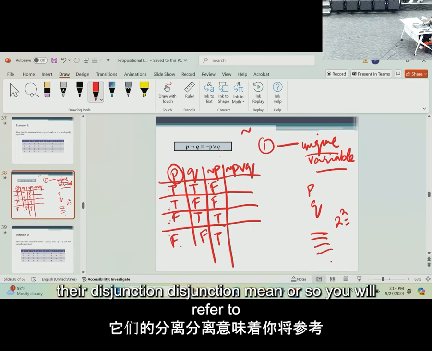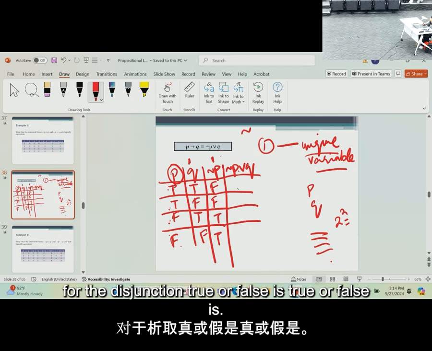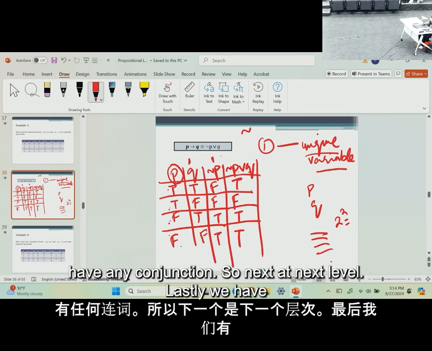Disjunction means OR. So you will refer to this column and this column to write down the truth value for the disjunction. True or false is? True or false is? Yeah. Next, next. Done with that, we don't have any conjunction.